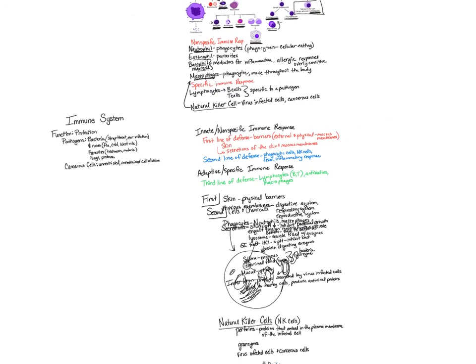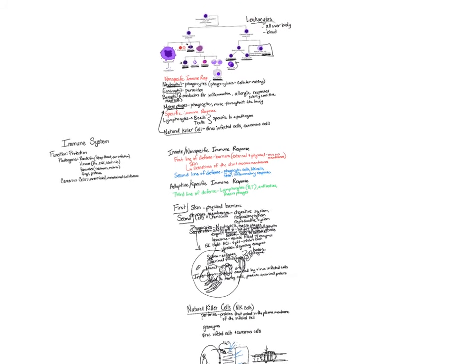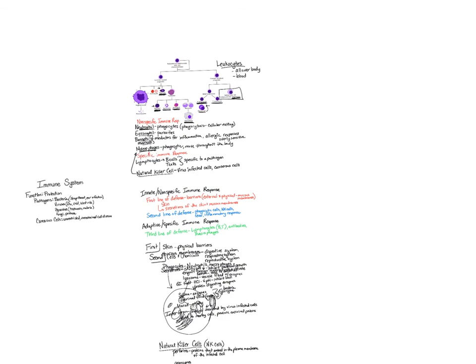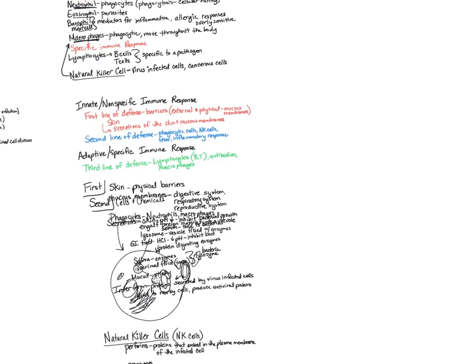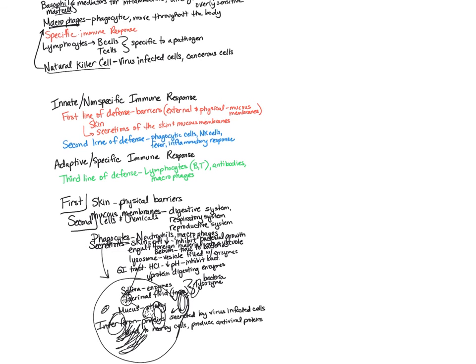So in this lecture, you should be familiar with all of the different types of cells, the immune system cells. We talked about the different cells. First of all, with the function of the immune system, and then our different cells. Then we talked about neutrophils, eosinophils, basophils, mast cells, macrophages, lymphocytes, B cells, T cells, and the natural killer cells. Then we talked about our different lines of defense, our innate specific immune response and our adaptive immune response.